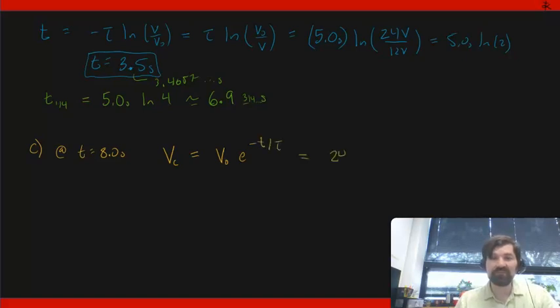So this is 24 volts e to the negative 8.0 seconds divided by 5.0 seconds. So we plug all that into our calculator: 24 times the exponent to the negative power of 8 divided by 5. And what that gives us is about 4.845. So we'll just call that 4.85 volts.